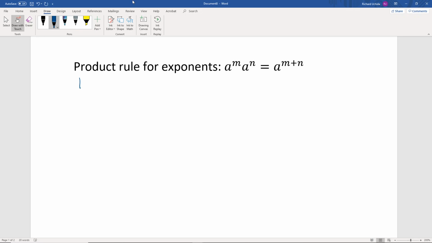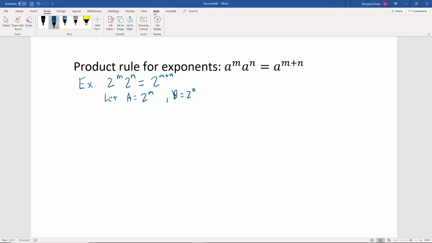So for the example, we have 2 to the m times 2 to the n. Then from that product rule, we know that's equal to 2 to the m plus n. Let's let a equal 2 to the m and b equal 2 to the n.